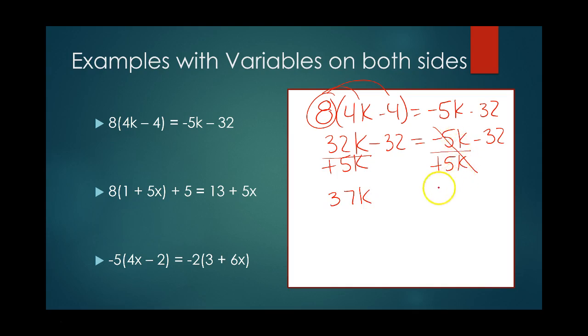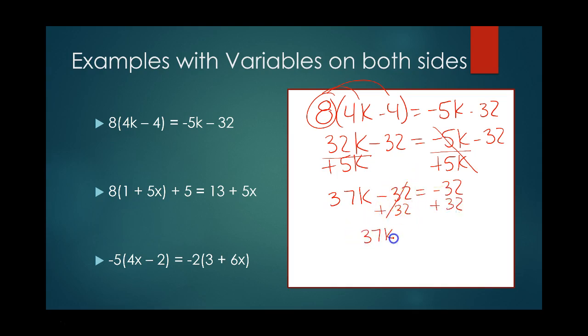So now that I move that negative 5k over here to this 32k, that minus 32 drops, that negative 32 on the other side also drops. So now I'm looking at steps 3 and 4. I can add 32.